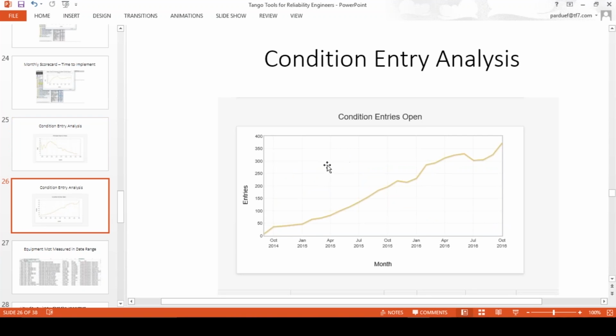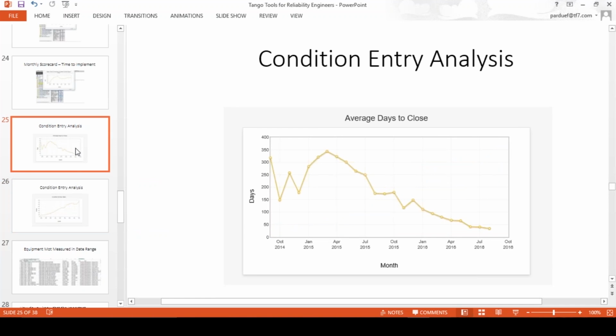Once they start closing some of those real old condition entries that are hanging out in here and bring that down, then that average days to close is going to jump back up. So what they're doing is they're closing the ones they find quickly, the ones they've recently found. But there's a whole bunch of things that are hanging out that they haven't closed. Right.